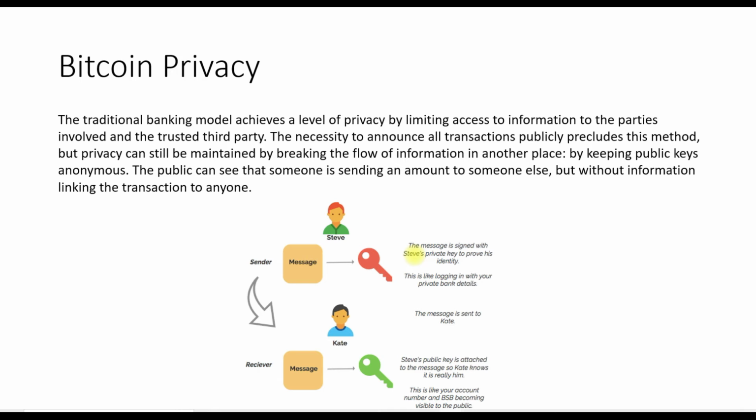And another way you could look at it is that's the way that's private. It's only if you're negligent that that's how you lose your Bitcoin. But in terms of a bank, it could get hacked, it could get robbed, anyone could make a mistake.